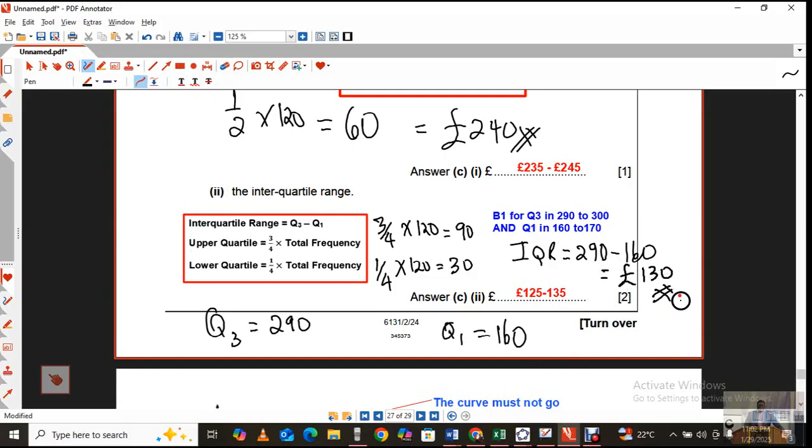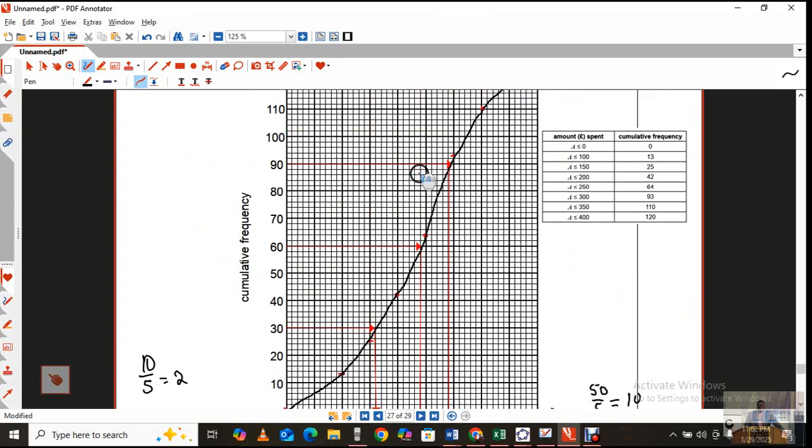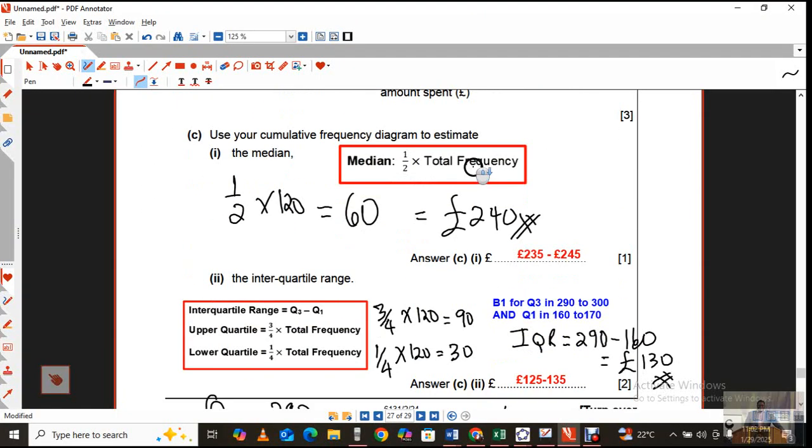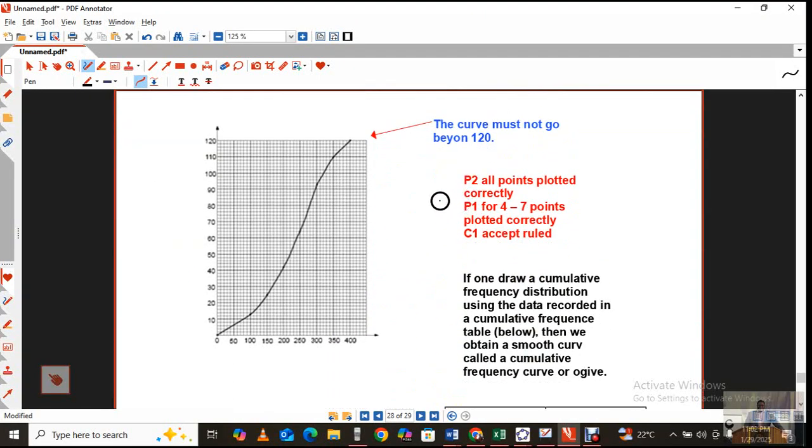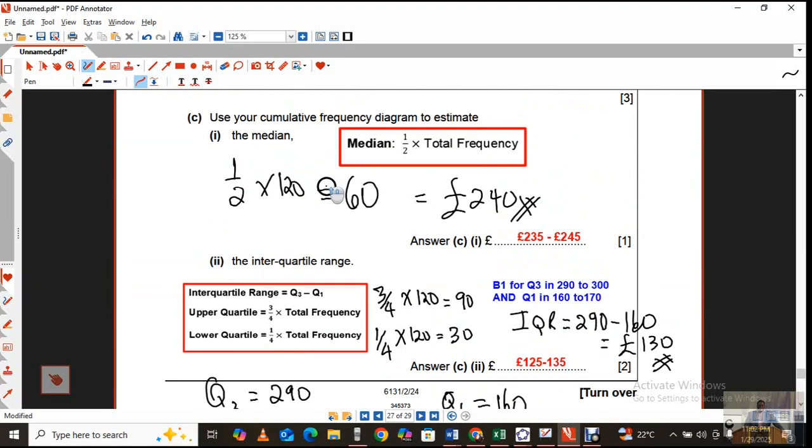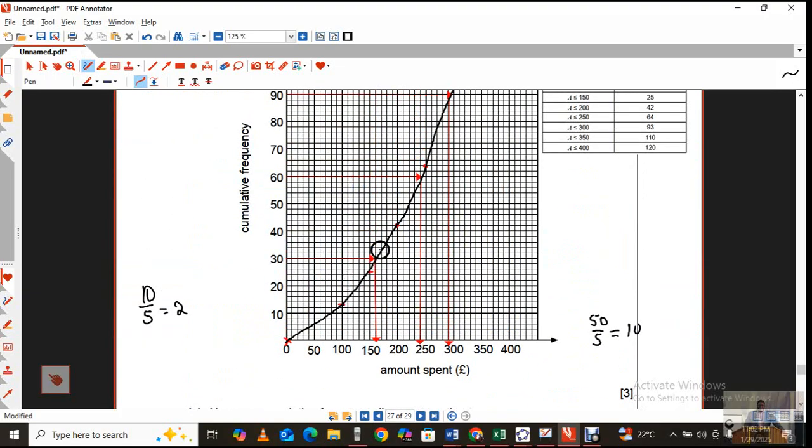This is a very smooth curve. So your curve should be a bit smooth here. So let's see what happens in the exam. The curve must not go beyond this point. You get 2 marks for plotting all the points correctly, like this one in red, you can see these points that I have plotted.